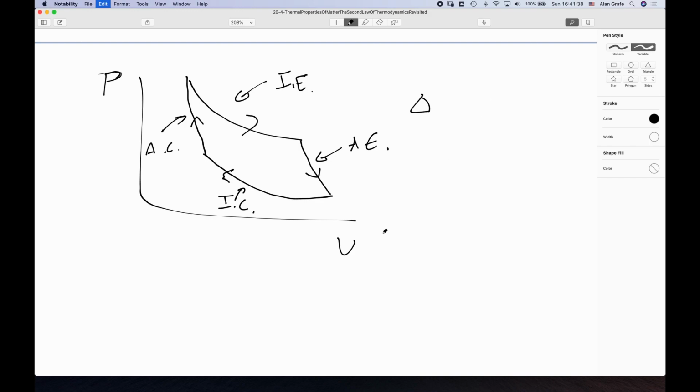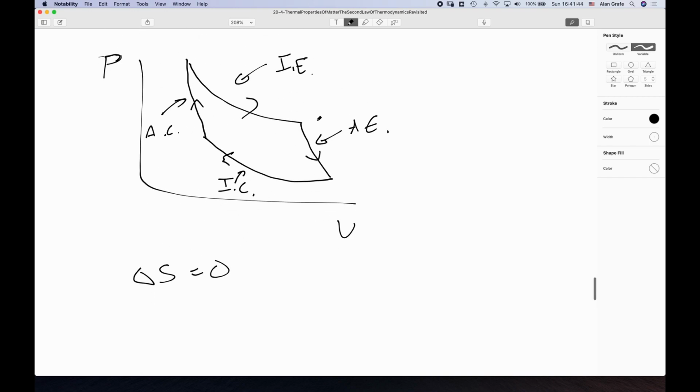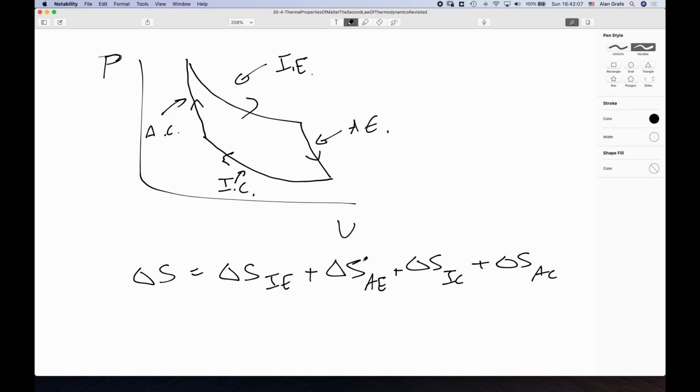Actually, let me draw that down here. Because if delta S is greater than 0, you won't be as efficient. So let me just start by observing, this will be equal to delta S for the isothermal expansion plus delta S for the adiabatic expansion plus delta S for the isothermal compression plus delta S for the adiabatic compression.